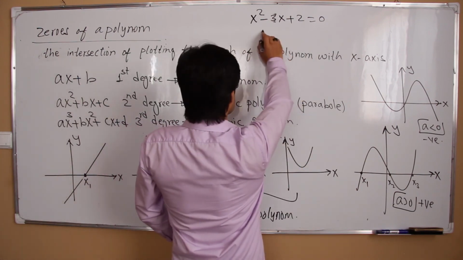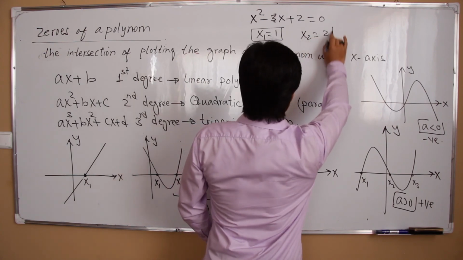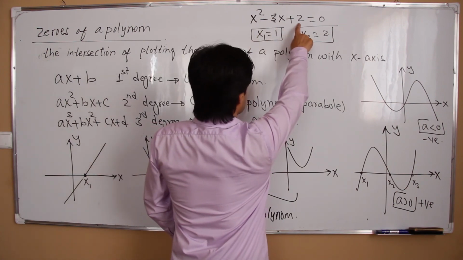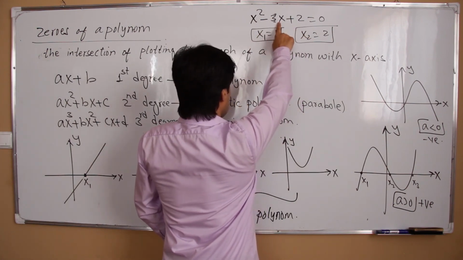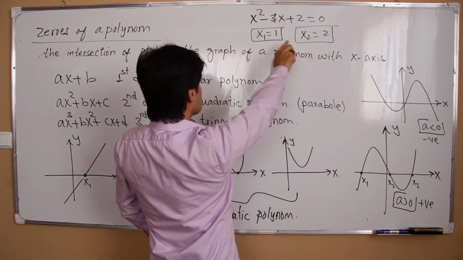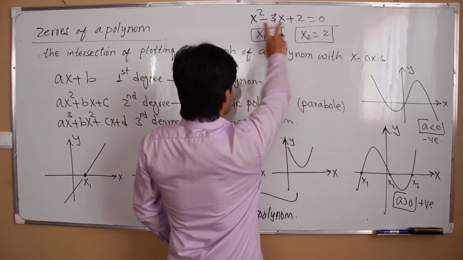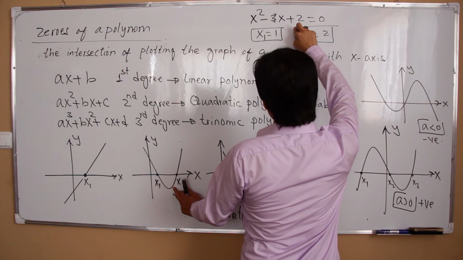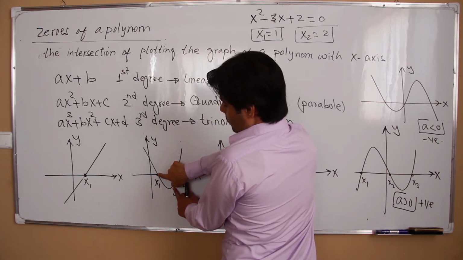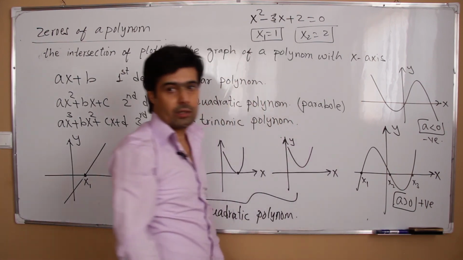If you solve it, you will find x1 is 1 and x2 is 2. What does it mean? It means if we plot this graph, the graph will have 2 intersections with the x-axis, and those intersections are x1 is 1 and x2 is 2. If you plot the graph, maybe it would be like this one. First it will intersect the x-axis at number 1 and then at 2. I think you have got it.